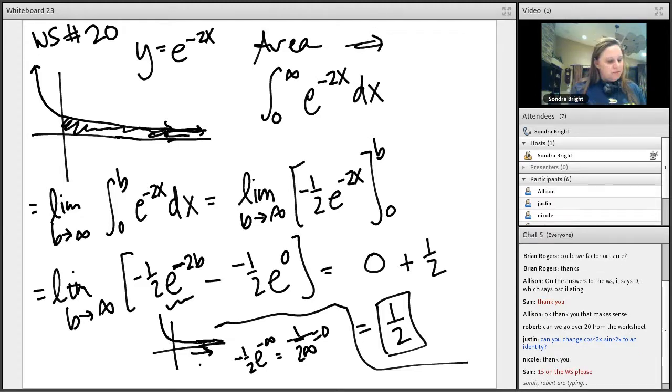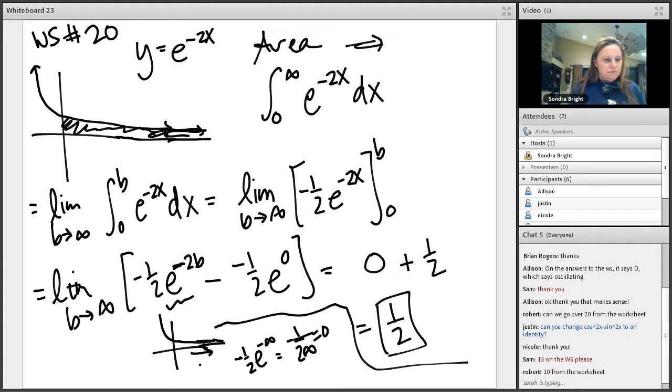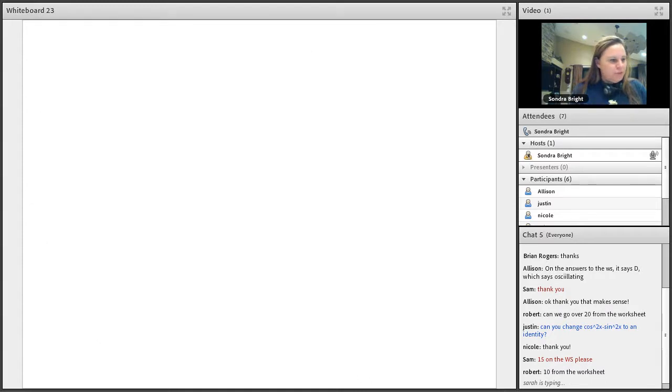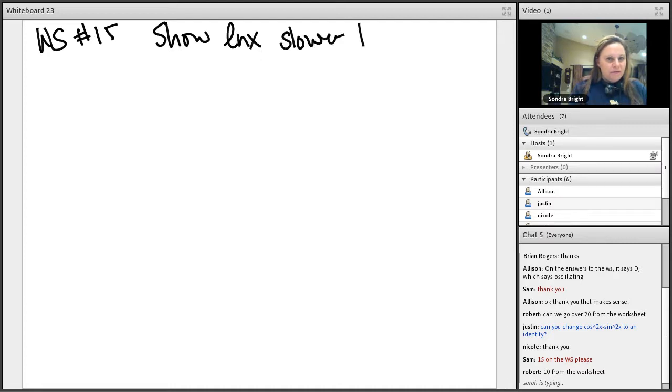On the worksheet. That's a good one. They want you to show that the natural log of x grows slower than the 4th root of x.